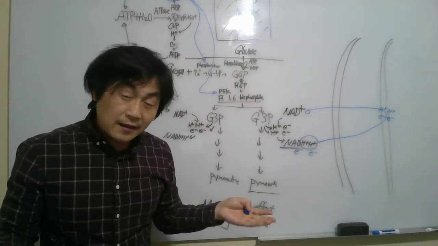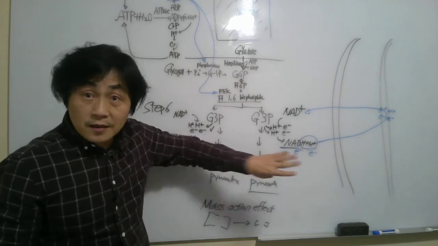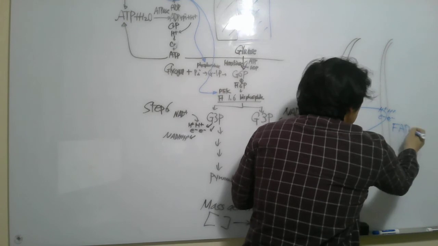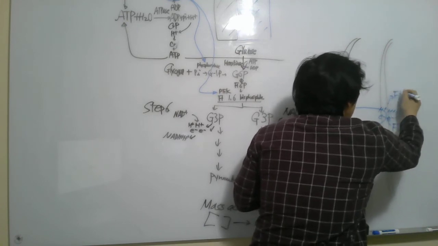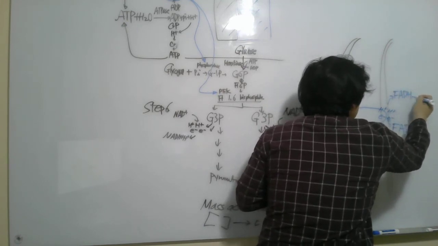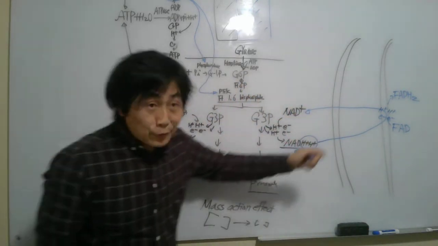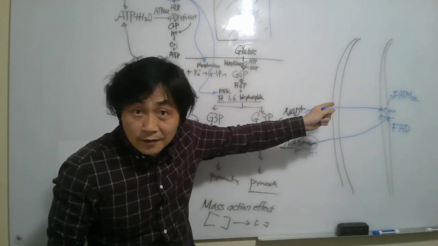NAD plus. In skeletal muscle, FAD. FAD is reduced to FADH2, receiving two protons, two electrons. And can you guess where FADH2 goes?